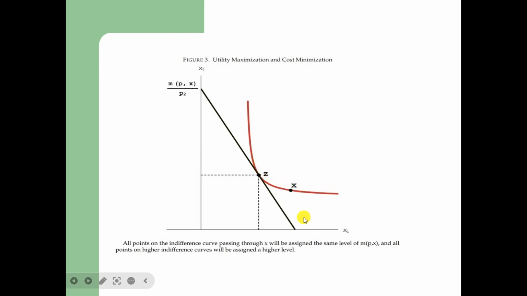So the consumer has this fixed money income and would like to reach this utility target. At point Z, this is both utility maximization and cost minimization. All points on the indifference curve passing through X will be assigned the same level of money income as a function of the price of goods and quantity of X, and all points on a higher indifference curve will be assigned a higher level.